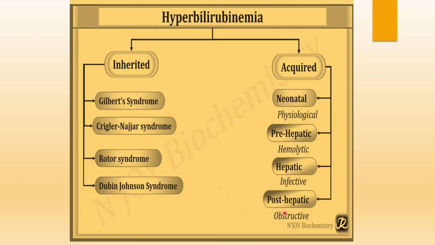Then there are three conditions: pre-hepatic, hepatic, and post-hepatic hyperbilirubinemia. Pre-hepatic means there is hemolytic disease of the adult.